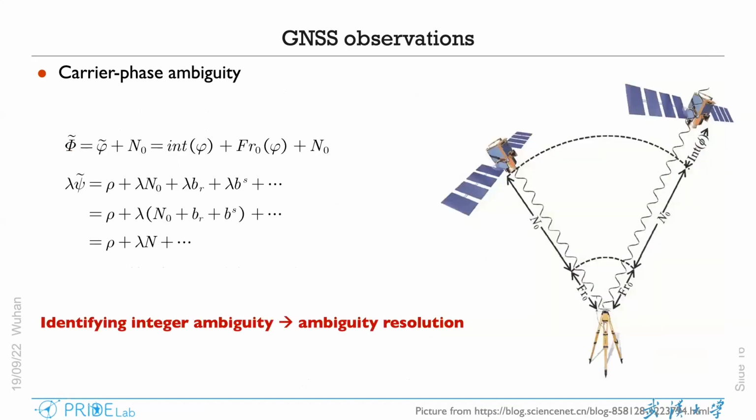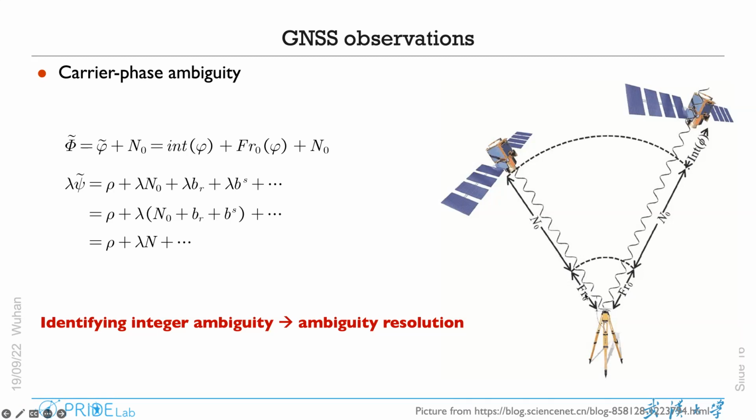So then we come to the carrier phase ambiguity. This ambiguity term is very strange to outsiders who are not familiar with the GNSS technique. The ambiguity describes the integer number of full cycles in the signal propagation path between the satellites and the receiver. You see here, this N0 is the ambiguity term.